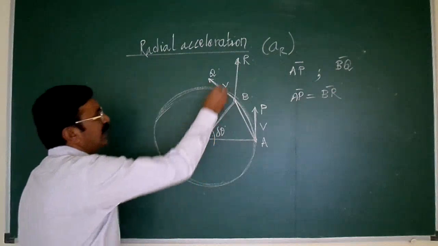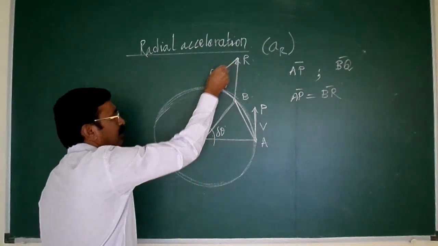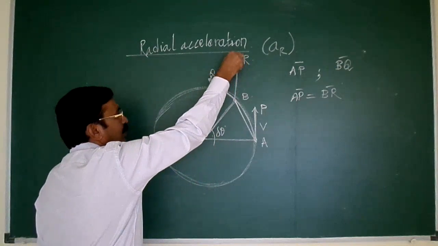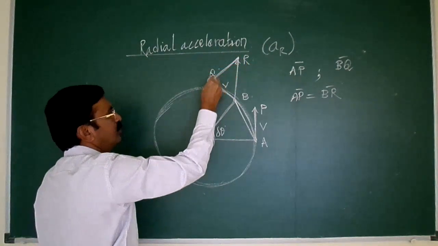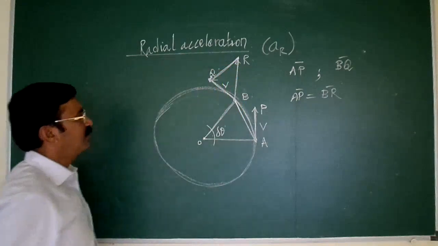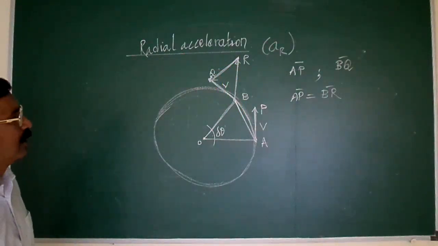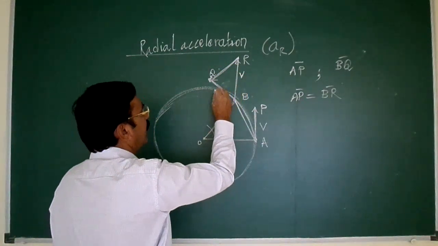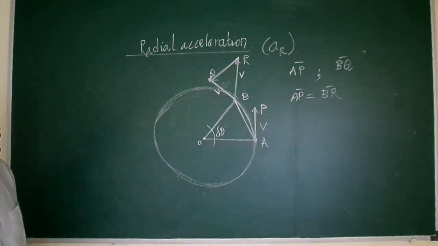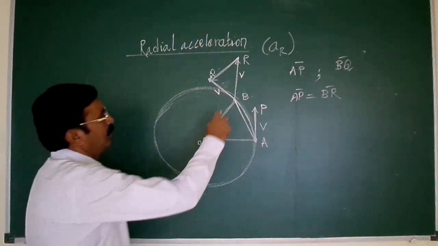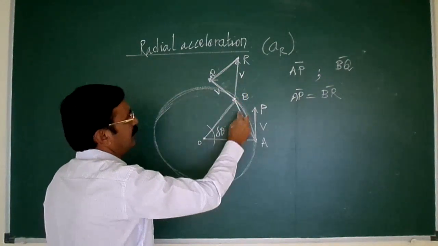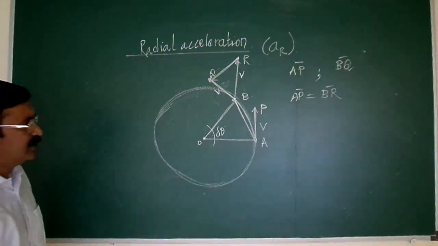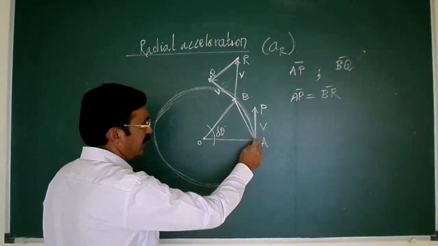So here, let us join the tip of BR vector to the tip of the BQ vector. So here the magnitude is V, and here also it is V. So here we are having the triangle RBQ, and here we are having the triangle AOB.